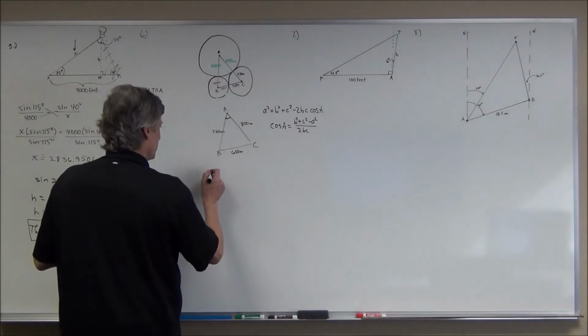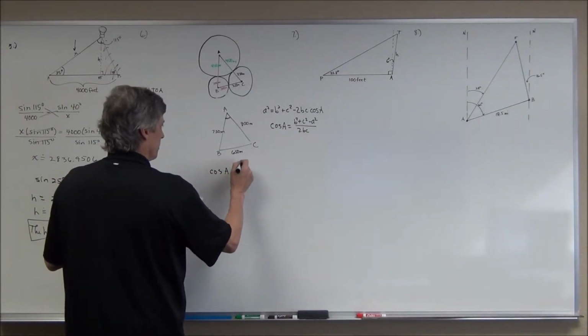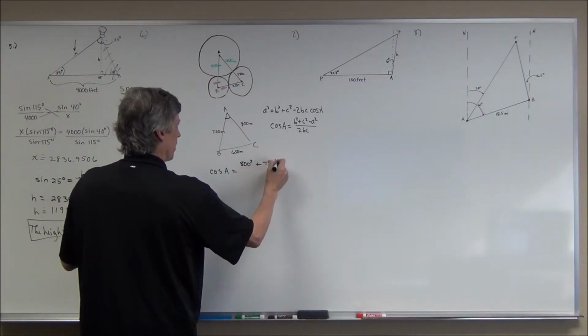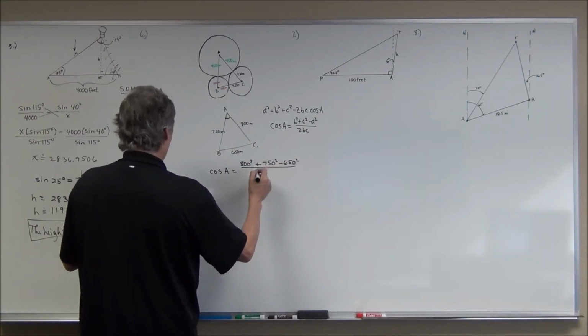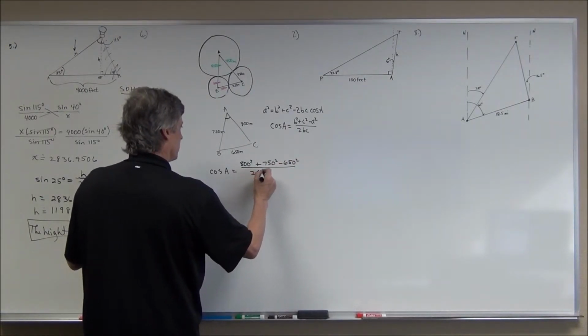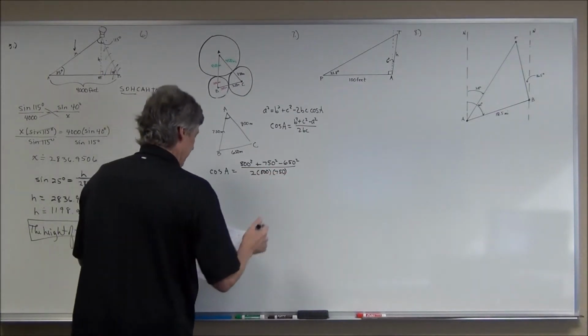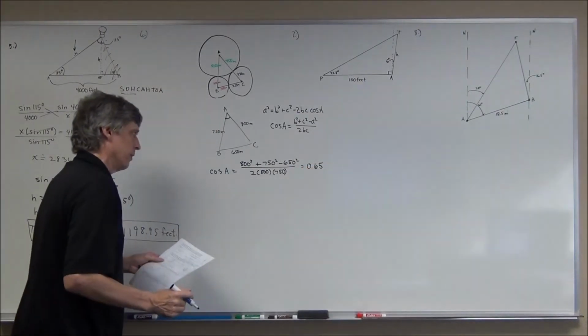So if I use this and say the cosine of A is equal to b squared, which would be 800 squared, plus c squared, which would be 750 squared, minus a squared, which would be 650 squared, all divided by 2 times 800 times 750. Now I did this on my calculator, and it turns out to be exactly 0.65, which is kind of remarkable.